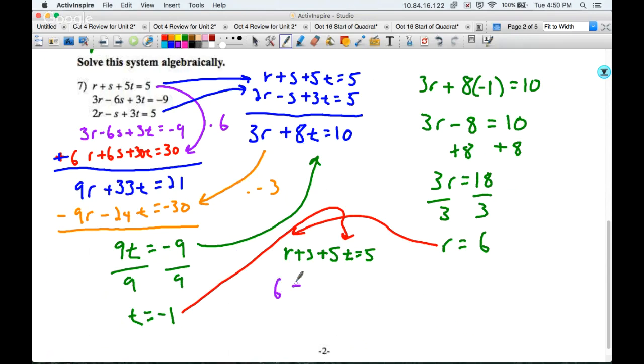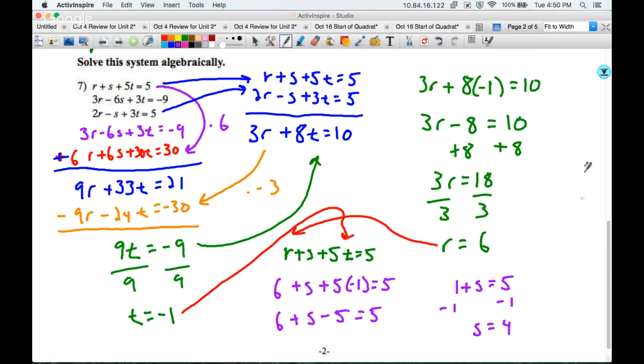We'll get 6 plus s plus 5 times negative 1 plus 5. 6 plus s minus 5 plus 5. Combine our like terms, we'll get 1 plus s equals 5. And we get that s equals 4.